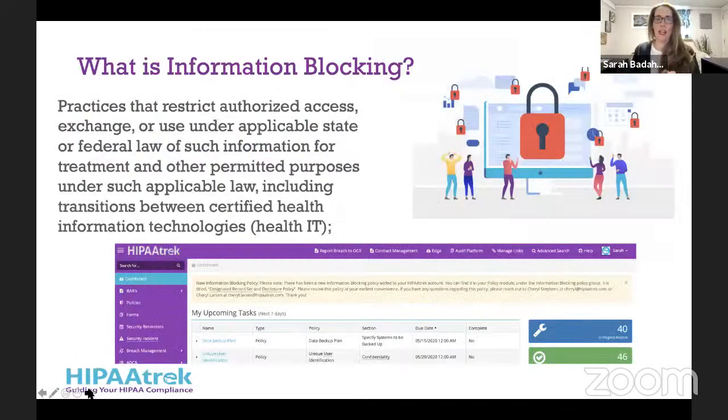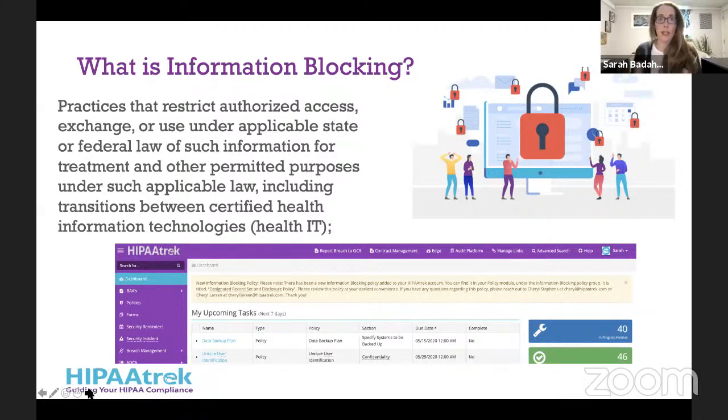Awesome. So now we're going to get started. All right, so information blocking. I'm sure all of y'all have at least heard of it, otherwise you wouldn't be here, but it is Section 4005 of the 21st Century Cures Act, and it is essentially a new regulation saying that any practice that is restricting authorized access or exchange of electronic health information, or EHI, is prohibited.